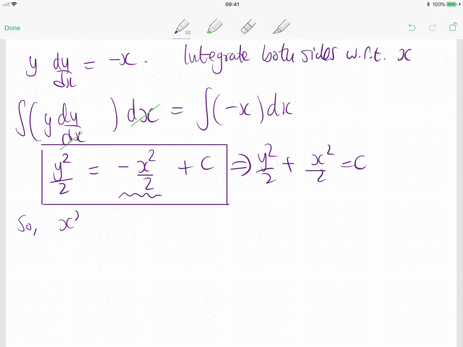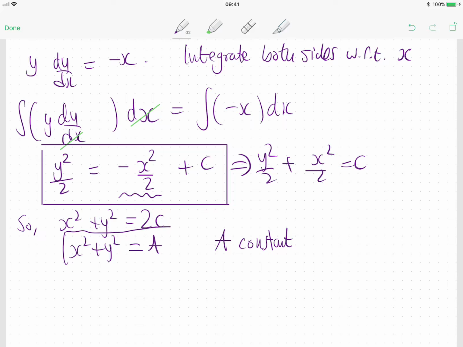So I'm going to write this as x squared plus y squared equals 2c. And I think I'm going to label 2c as something else. I'm just going to call it maybe a different letter. Let's just call it a, where a is a constant. Okay, so there's my answer.